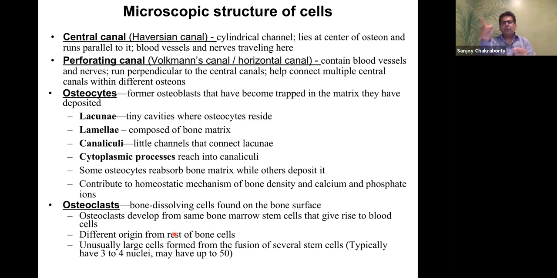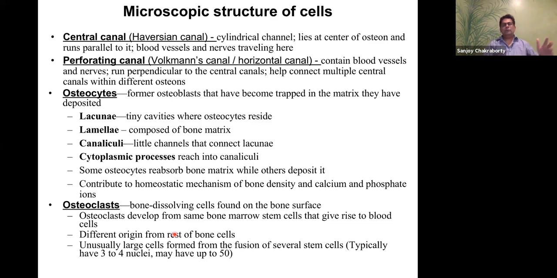So osteoblast and osteoclast have an opposite relationship. Osteoblast takes calcium from the blood to the bone. Osteoclast moves it from the bone to the blood, whenever you need. This whole thing is controlled by hormones. When you learn A&P 2, in the endocrine system, you're going to learn there are hormones that control this activity.